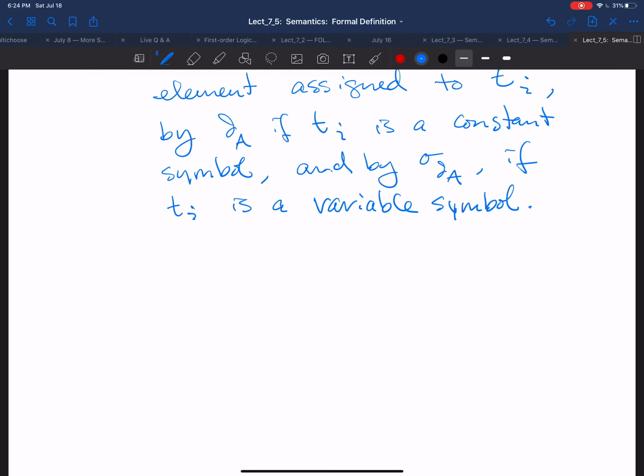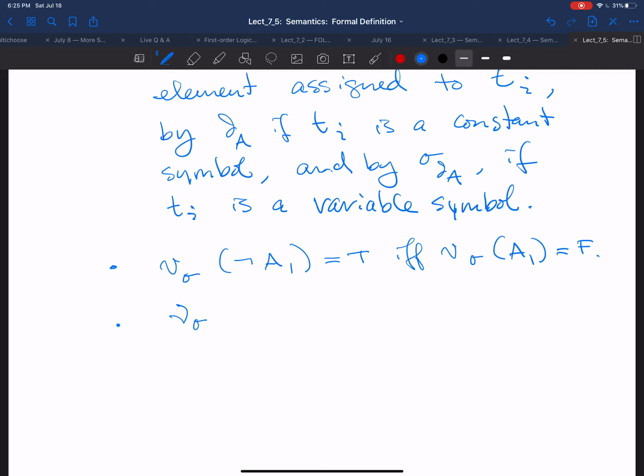Then we just continue with the other cases in our recursion. So if, for instance, we have a negated formula, so suppose A is of the form not A1, well then of course its truth value is going to be T if and only if A1 has the truth value false. Negation means, of course, the same thing as it did in the propositional case. And the same is true for all of the binary operators.